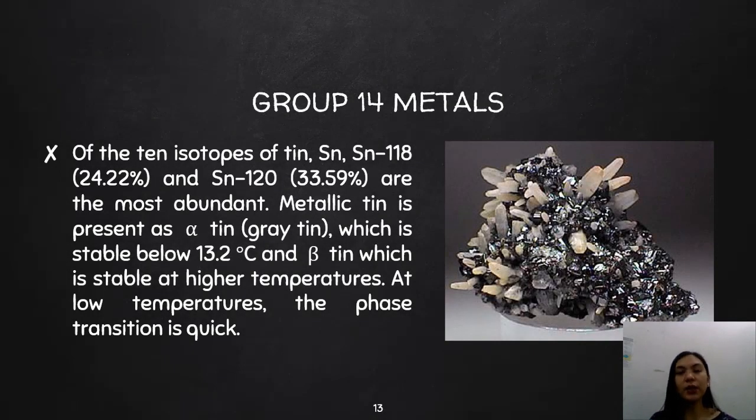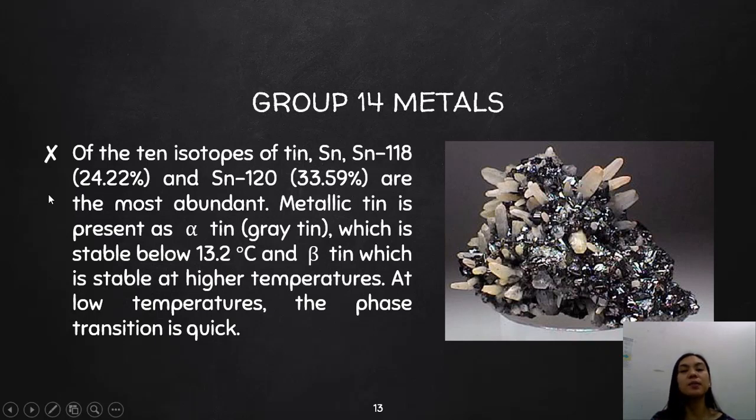So let's take a look at the very last group of metals. We have here your tin. It says here, of the 10 isotopes of your tin, tin-118 is about 24.22% and your tin-120 is 33.59%.